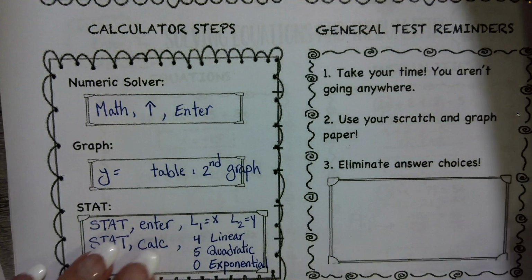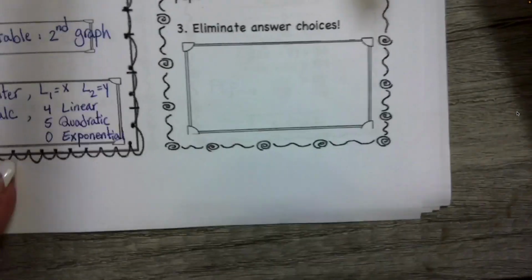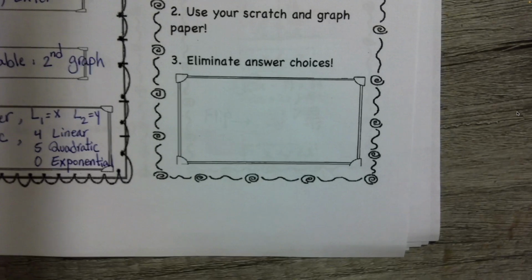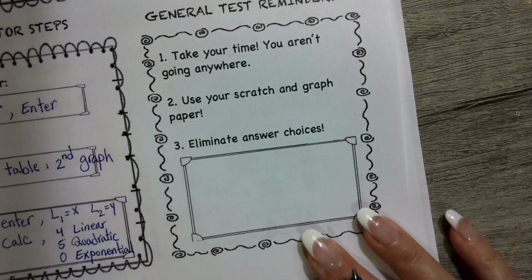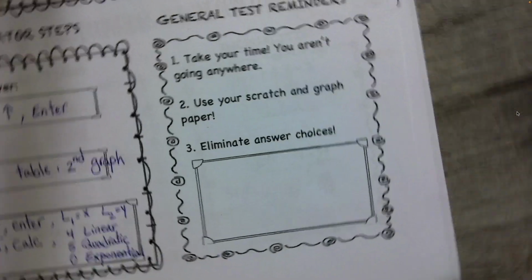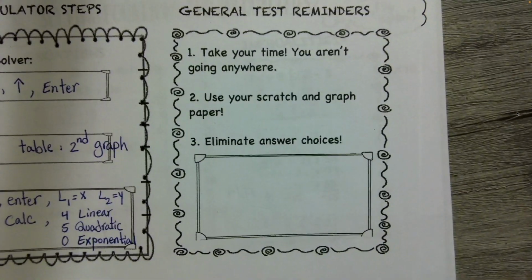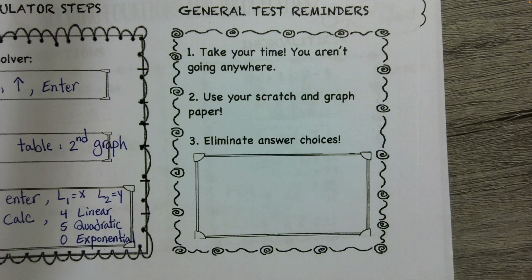Now, the general test reminder is about domain and range and stuff like that, I guess. Take your time. You aren't going anywhere, right? We're probably going to give you 4 hours to finish that test, or more if you need it. So take your time. Don't rush it. Use your scratch and graph paper, okay?